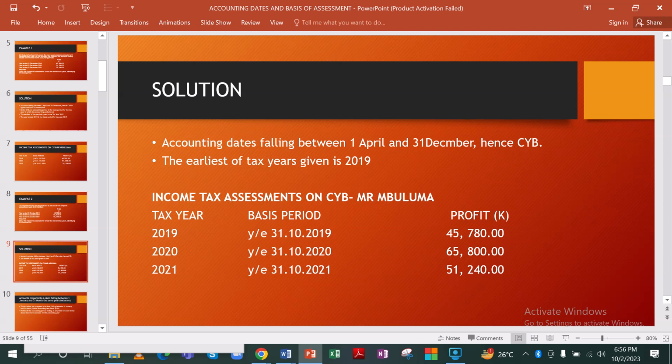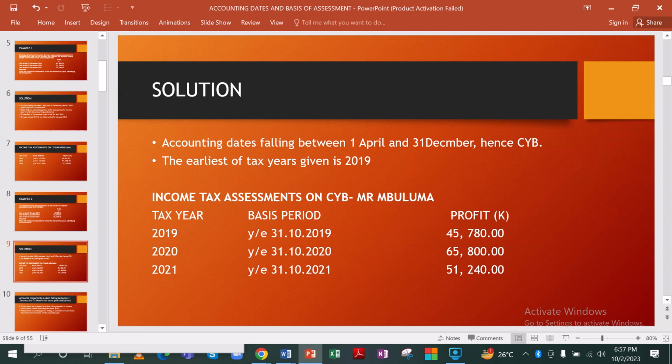The figure is 45,780. So you have the 3 columns: tax year, basis period, and the profit. Equally for 2020, you have the year end 31st October 2020, and the figure you put is 65,800.